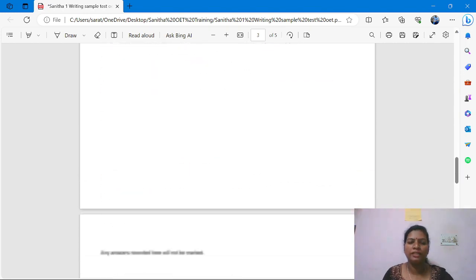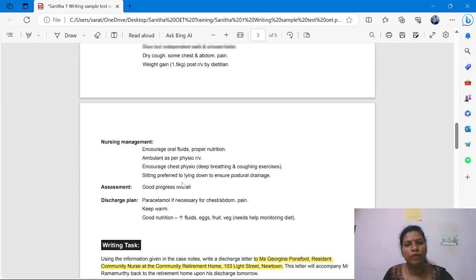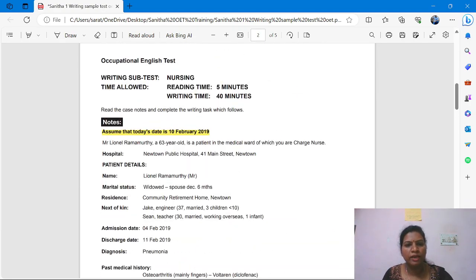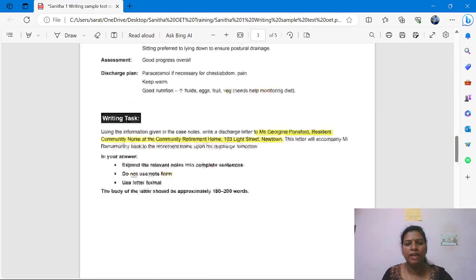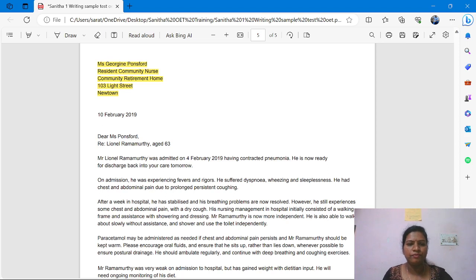So you have to write the reference: patient name, comma, age. Otherwise you can use this format also: Mr. Leonard Ramamurthy, 63-year-old, with hyphens, like that also you can write. Otherwise, Leonard Ramamurthy aged 63. Both ways you can use.